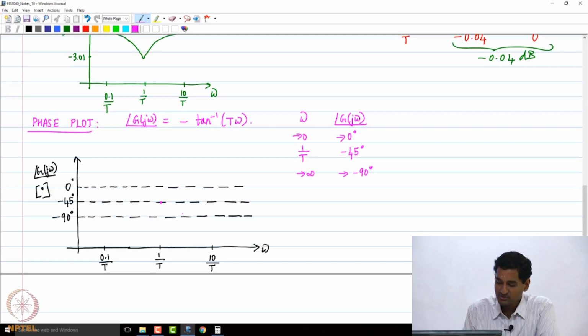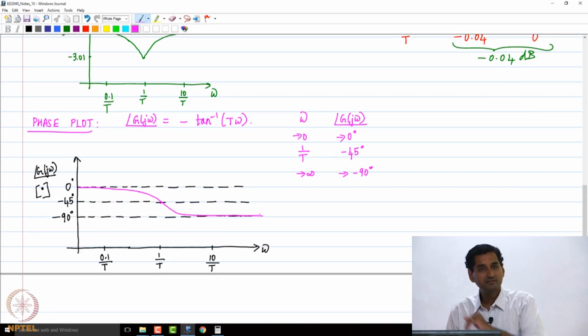That is important. So when I start from low frequencies, I am going to have values which are very close to 0, then what is going to happen? I am going to have an inflection point at 1 by t and minus 45, then the curve just goes to minus 90, right.